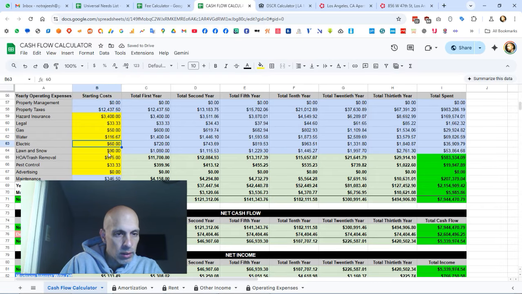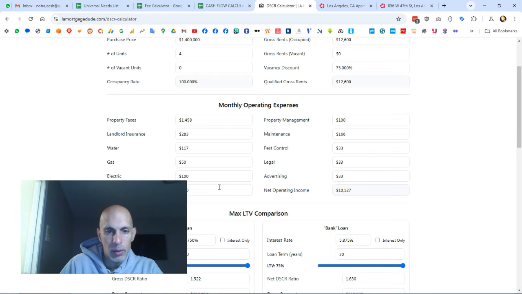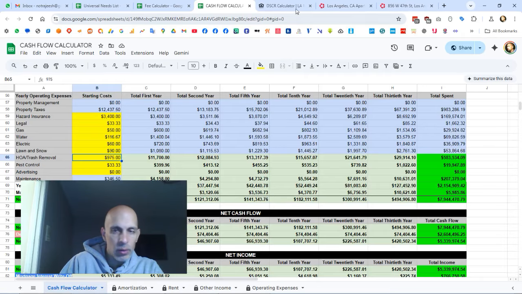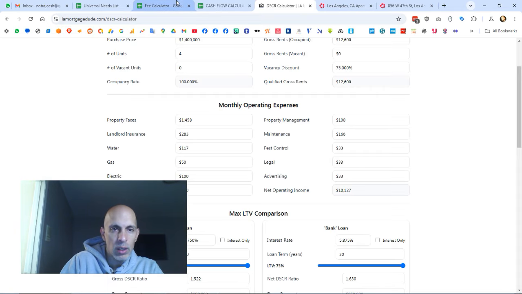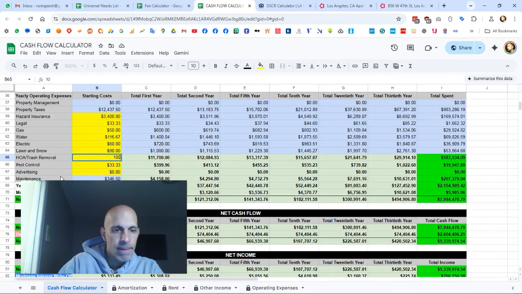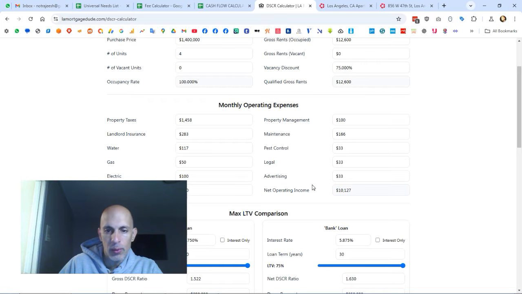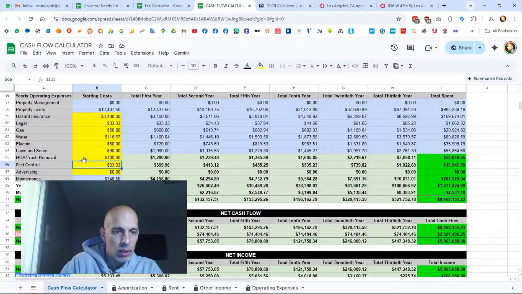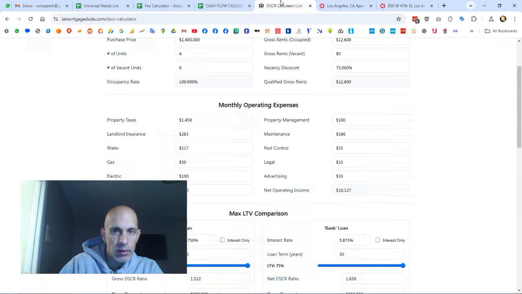And then we are saying lawn and snow, probably part of, let's go to HOA trash removal, that's 100. Pest control was 33. We said reserves for advertising was also 33. So we're only really missing lawn and snow.